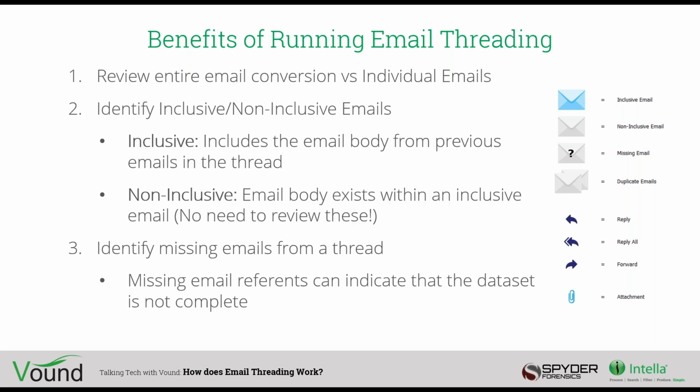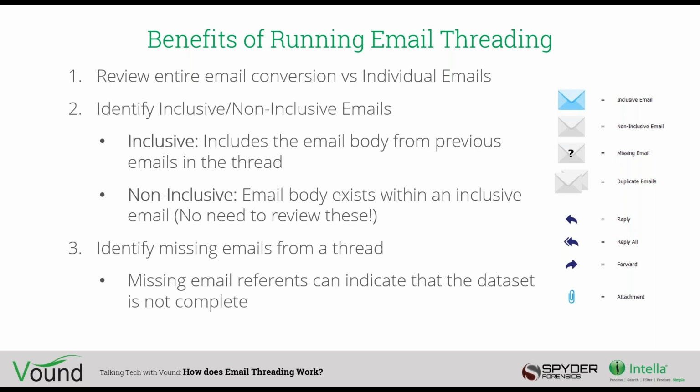And then my number three reason is identifying missing emails within a thread. So as Intella is going through and analyzing all these email headers, it can identify emails that are missing within a conversation. And we'll go through this in the email header. You'll have references to the email that came before it in the thread.